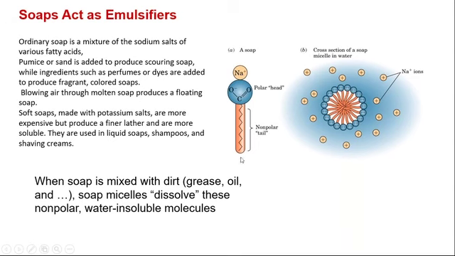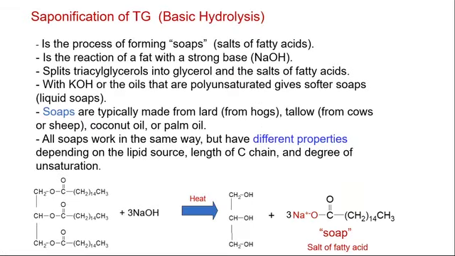So if you look at a soap, it has a long hydrophobic tail because of the fatty acid, and it's got a polar head because of the carboxylic acid, and that is attached to sodium. So if you go back and you see, all the soaps are sodium salts of the fatty acid.